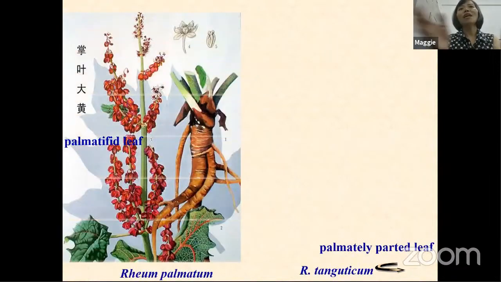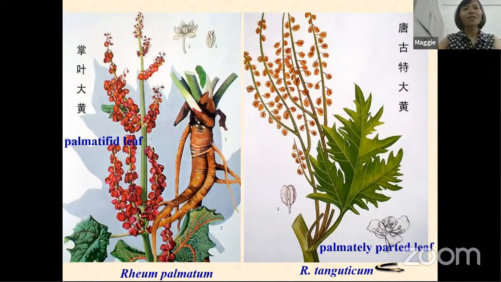Now let's look at the pictures. The left picture is Rheum palmatum. So we can see from this picture the leaf of this plant is palmatifid, and the right picture is Rheum tanguticum.